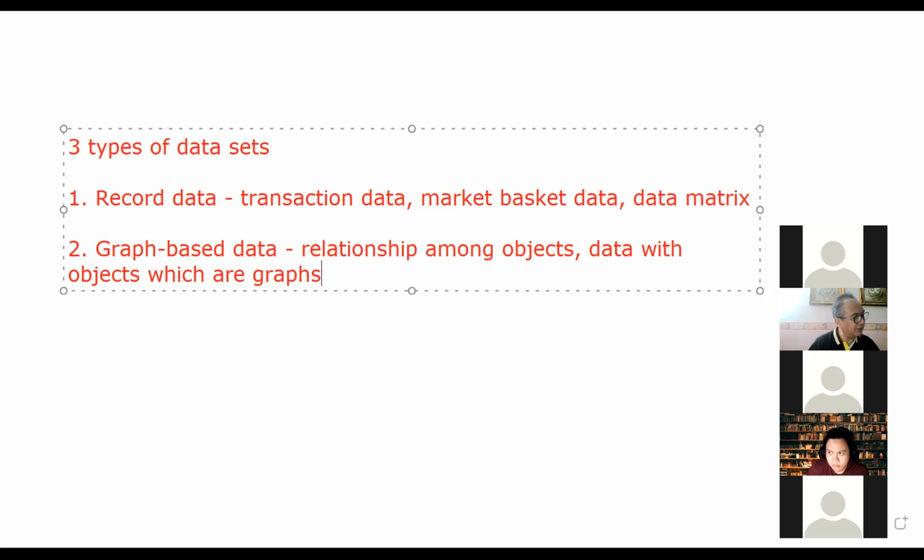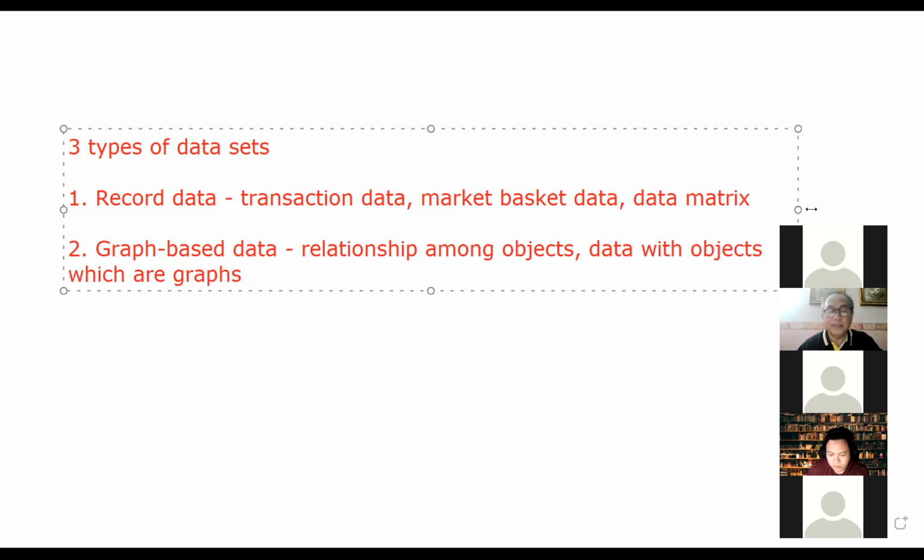For example, a molecule link database. That is data with object visual graph. The other one is chemicals or satellite. The data itself is graph-based data.